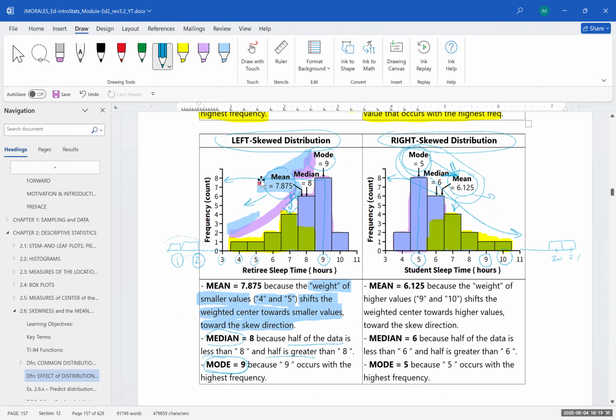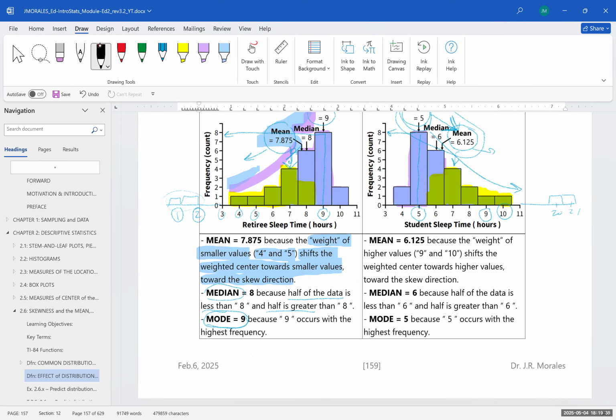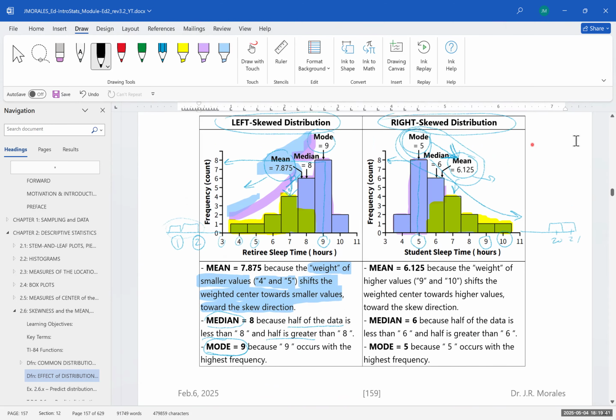All right. So in fact, if you calculate the measures of center first, and you notice that the mode is smaller than the median, which in turn is smaller than the mean, that implies that you've got a right skewed distribution.